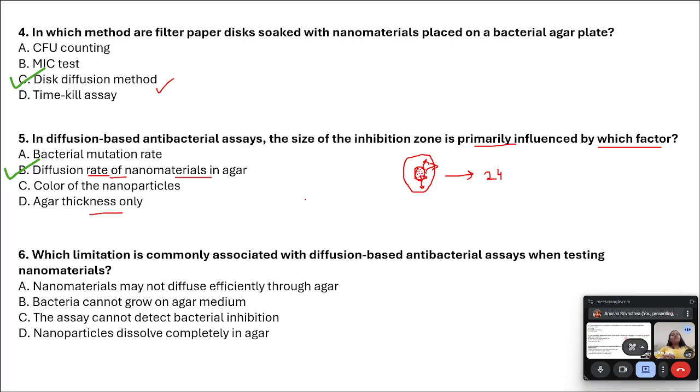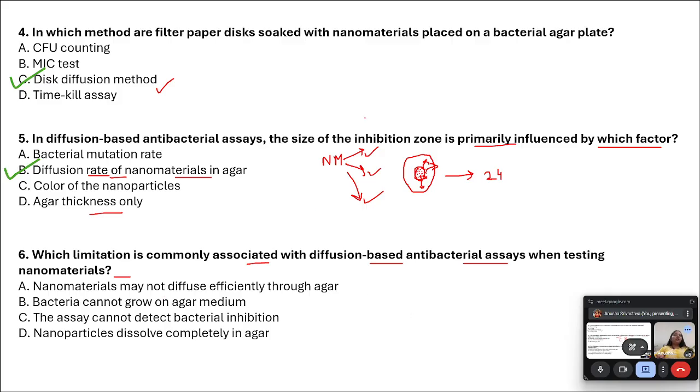Whenever we try to prove that a particular nanomaterial has antibacterial activity, we verify it via different methods. If all these three different methods point towards the same data, then we can say that it has an antibacterial effect.